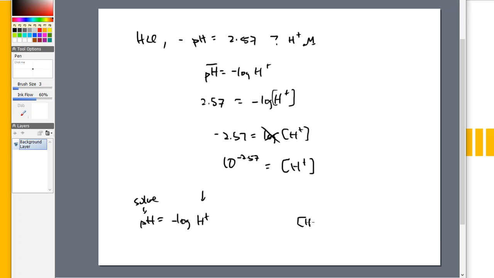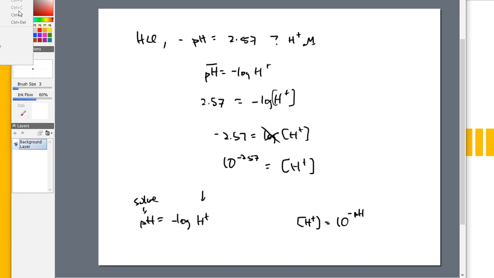And that is hydrogen concentration is equal to 10 to the negative pH value. That is what this boils down to. All right, so there's two equations. We're going to have to start getting a little bit more comfortable with these, and that is your first time in this class that you have run across those two equations.